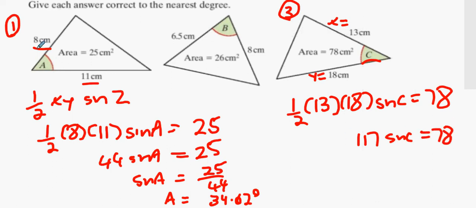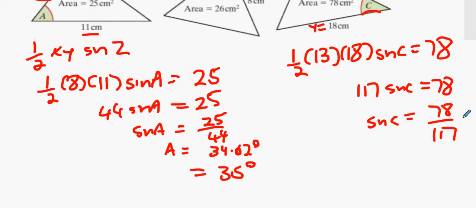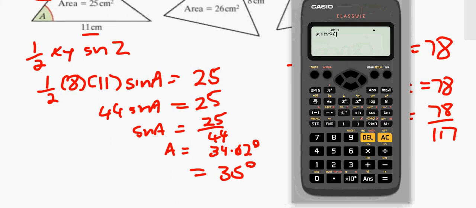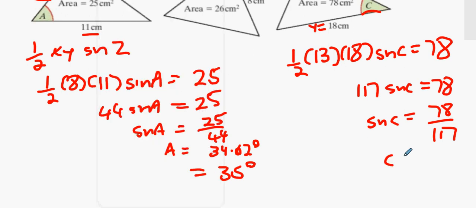Sine C equals 78 over 117, and C equals shift sine inverse, 41.81. Once it's in nearest degree, C equals 42 degrees. Hopefully that's okay with you guys.